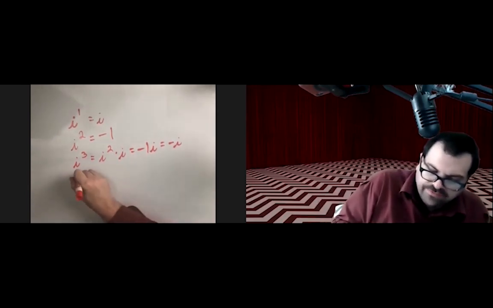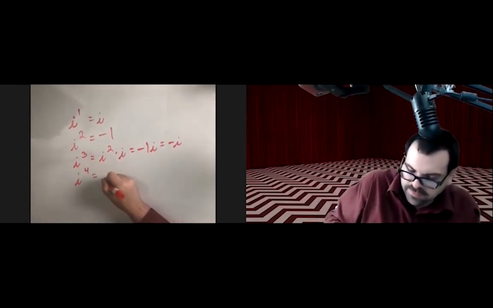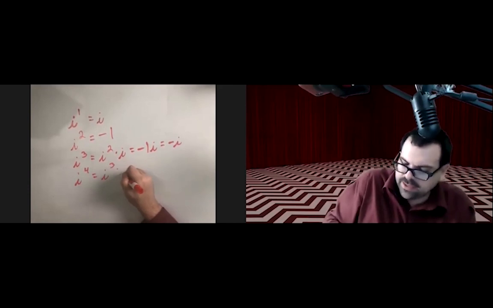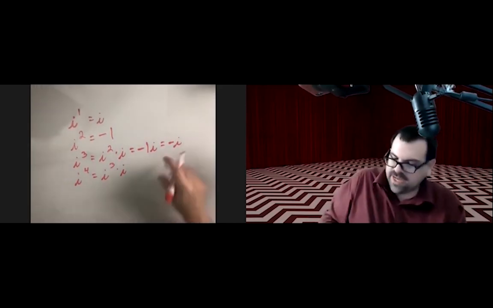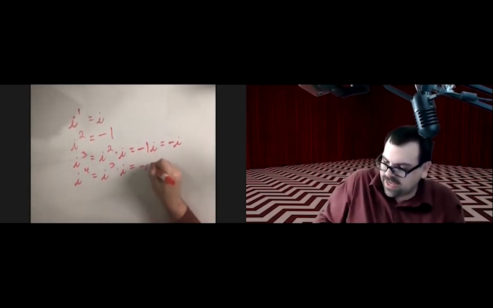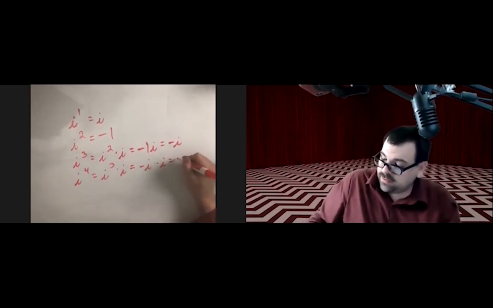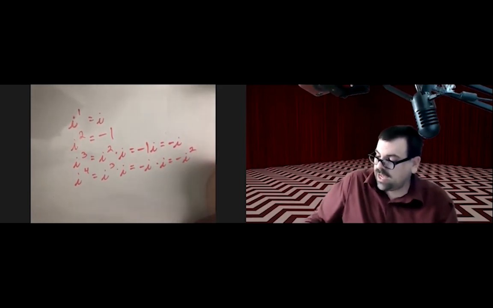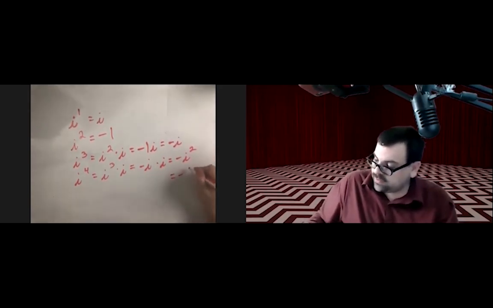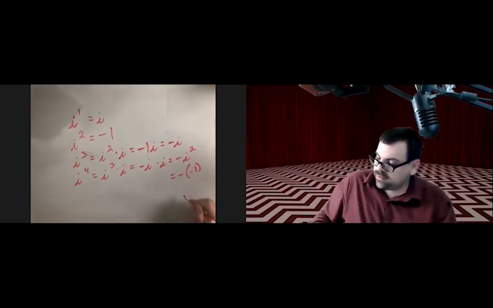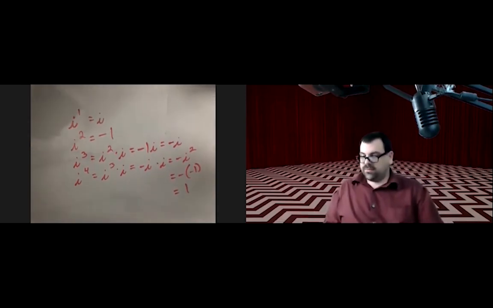And then i to the fourth, well, that could be i cubed times i. And we just found i cubed is negative i. Times i would be negative i squared. i squared is negative 1. The opposite of negative 1 is positive 1.